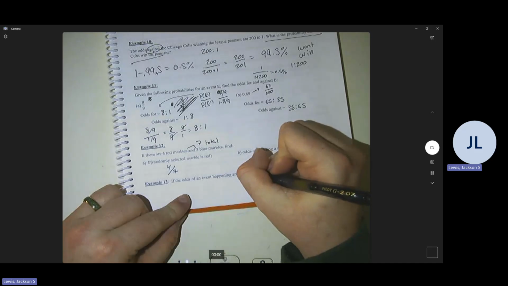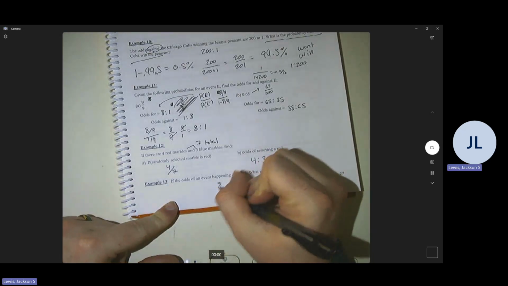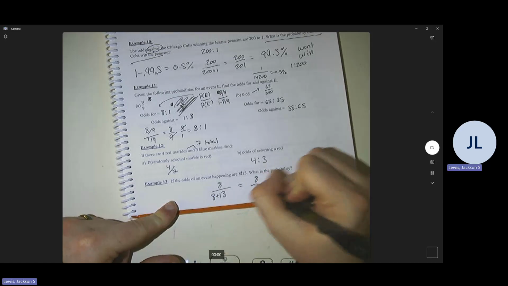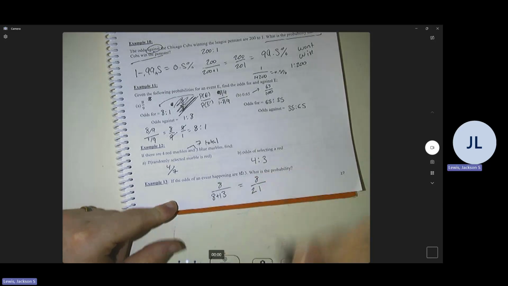If the odds of an event happening are 8 to 13, what is the probability? So 8 to 13, right? And so the probability is 8 over 8 plus 13. That's 8 over 21.